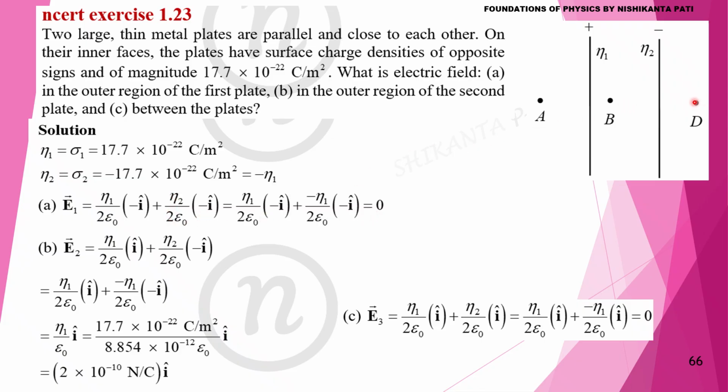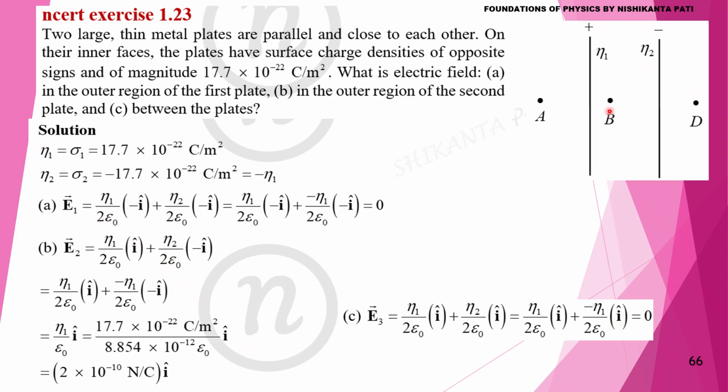The electric field here due to this sheet is eta 2 by 2 epsilon 0 i cap, due to this sheet eta 1 by 2 epsilon 0 i cap. So the total electric field here is coming 0.